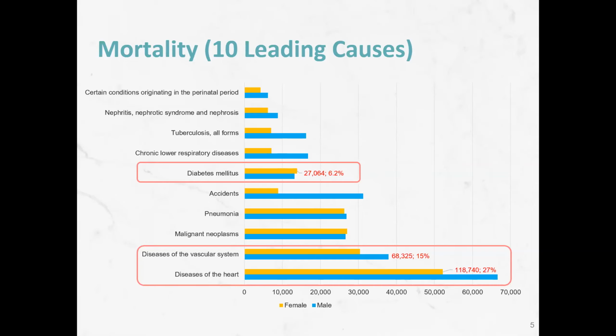In India and China, it increases further up to about 8%. So in the Philippines, it's about 6%, but increasing. The more troubling trend is at the bottom, which is disease of the vascular system, about 68,000 deaths, or about 15%. And lastly, disease of the heart is the topmost condition, contributing to about 27% of the deaths.